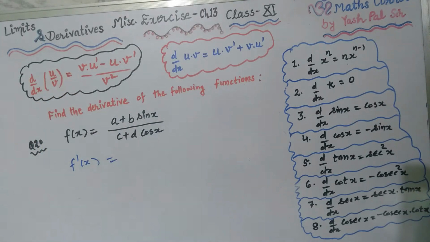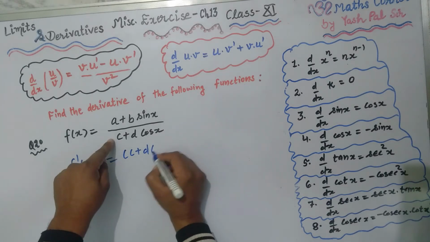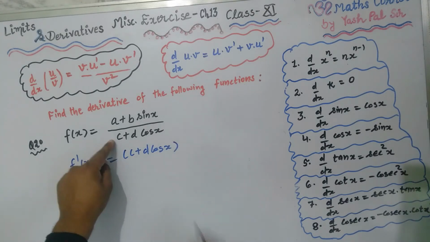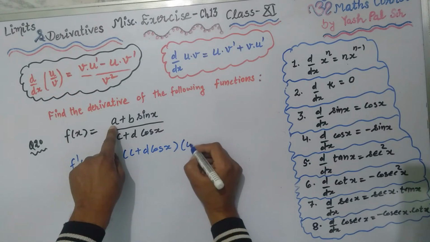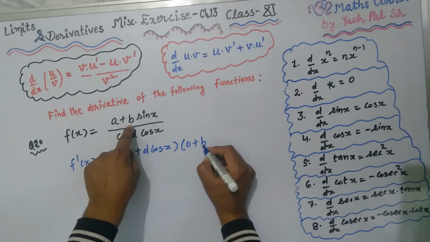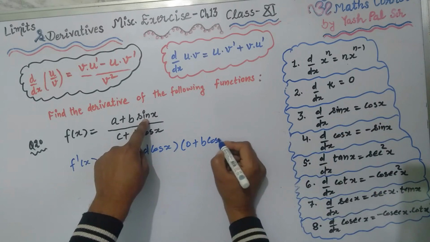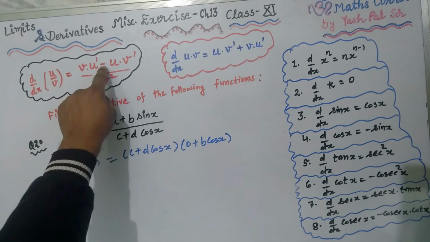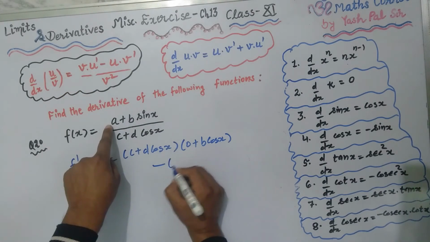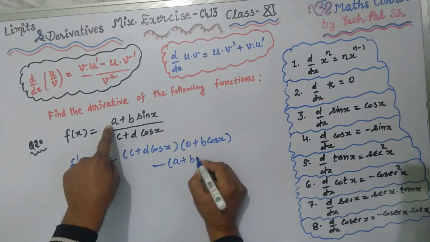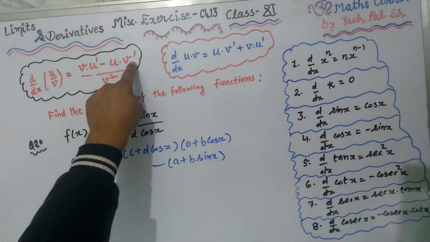This is v, c plus d cos x, into u dash. Derivative of a is 0 plus b into derivative of sin x is cos x, minus u, that is a plus b sin x, into v dash.